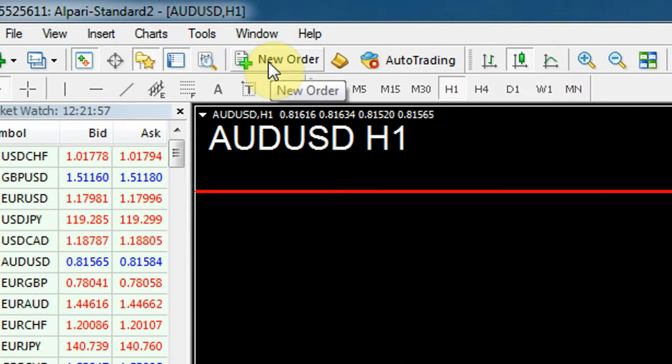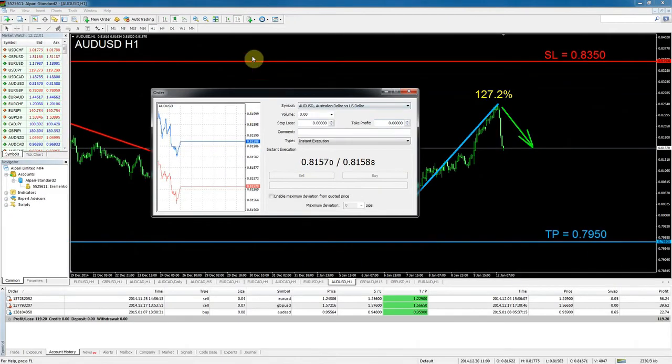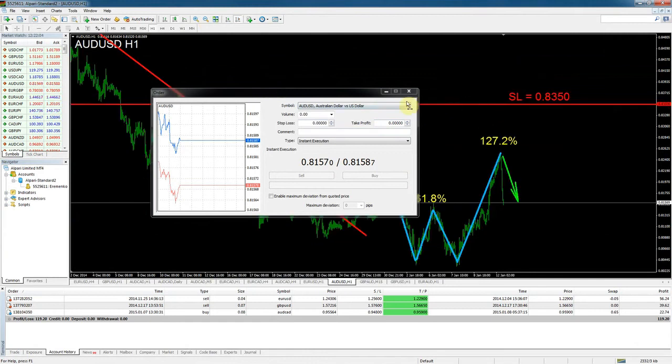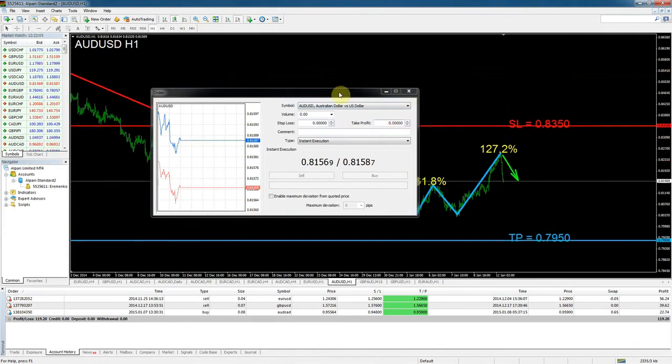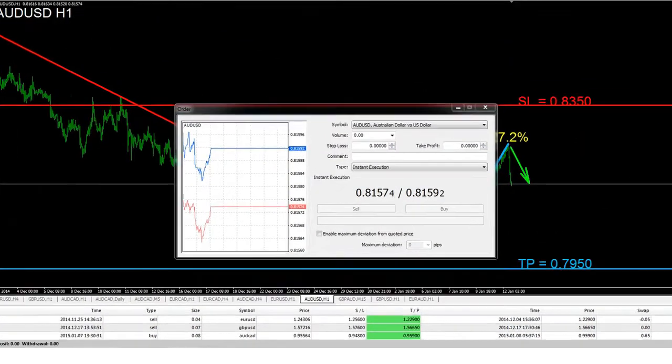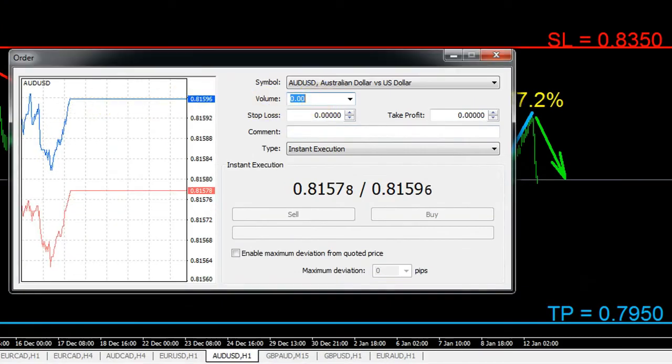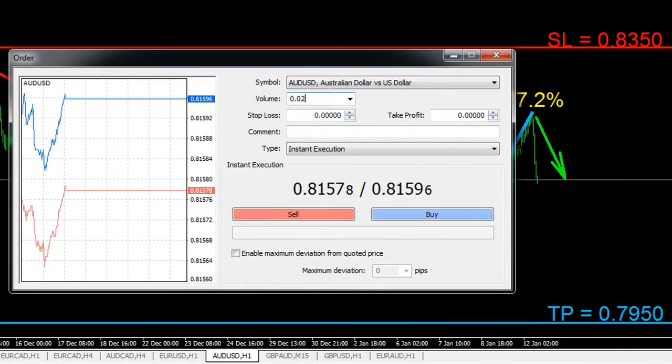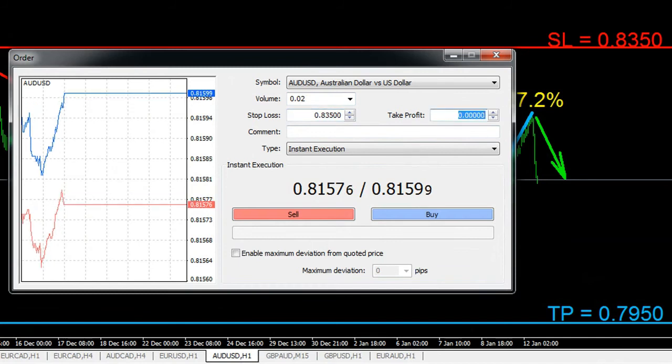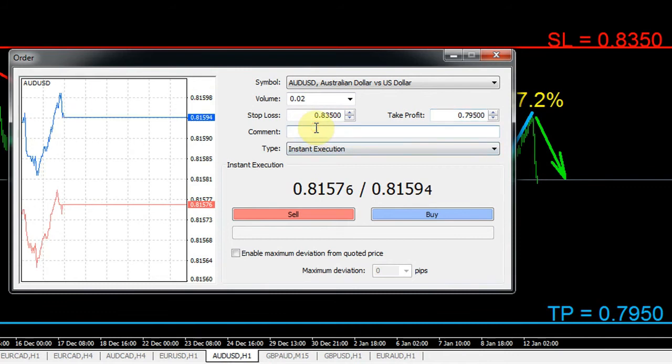So now I'm going to click the new order button up at the top here. This will bring up the new order screen. I'll just zoom out a bit so we can see everything at the same time. Alright, so our lots are 0.02. Stop loss is 0.8350. Take profit is 0.7950. Comment, let's call this fourth order.